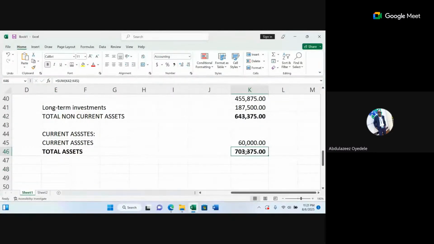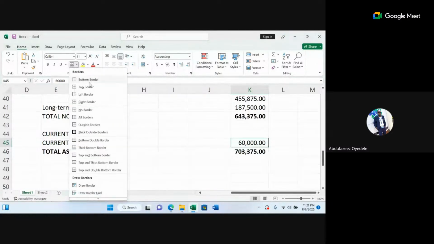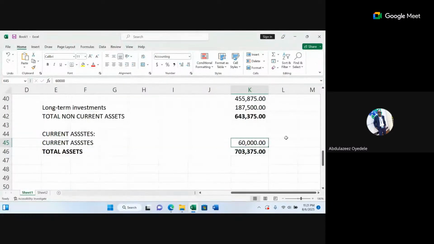Now, after we have gotten this, the next thing is to bring in our liabilities. So we'll deduct our liabilities from the total assets, and then we'll get net assets. Okay, so let's bring our liabilities.